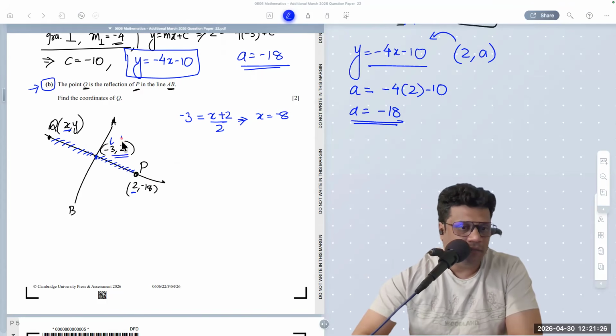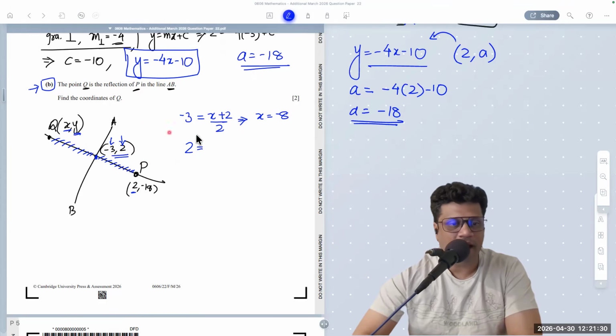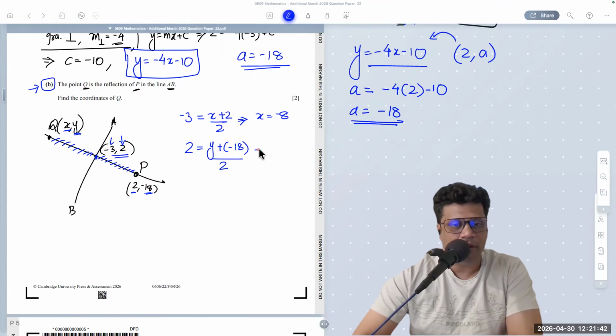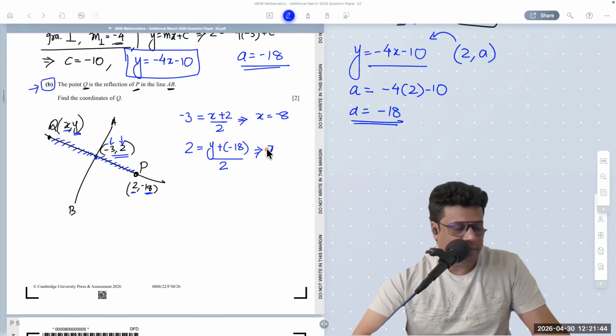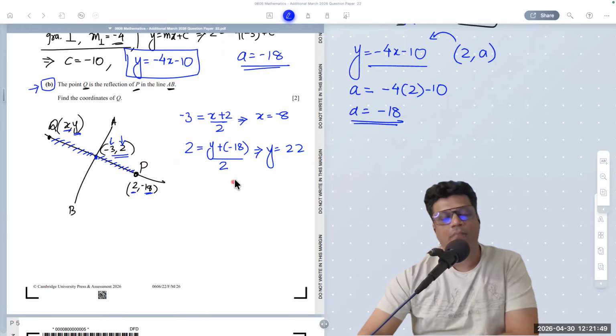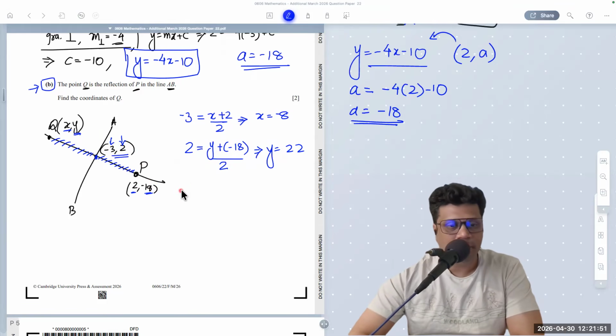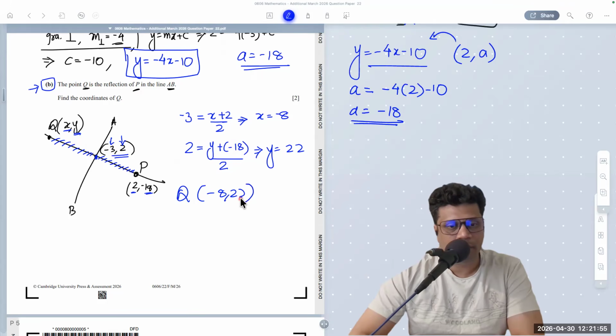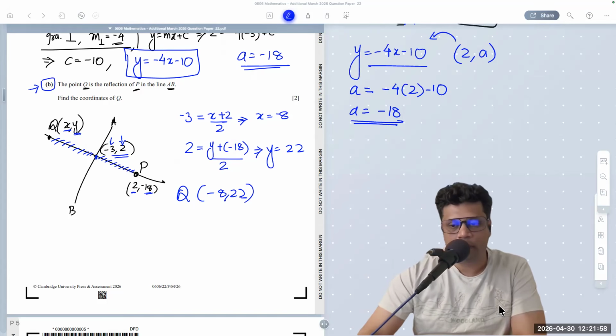And y of the midpoint is supposed to be y of Q plus y of P divided by 2, and that gets you to y equals 22. Those are the coordinates of Q, (negative 8, 22).